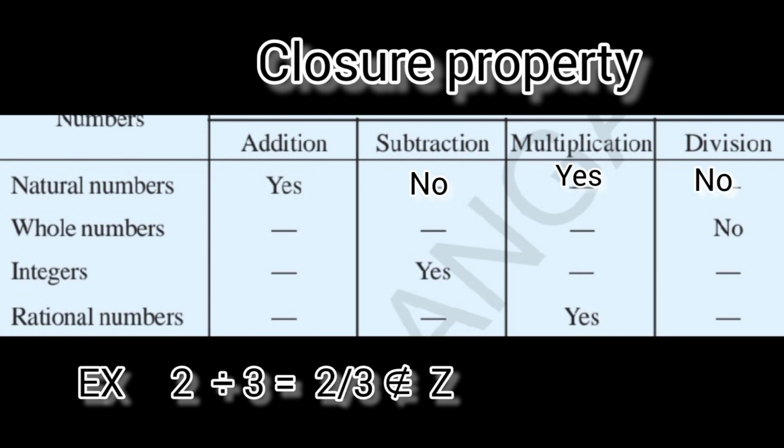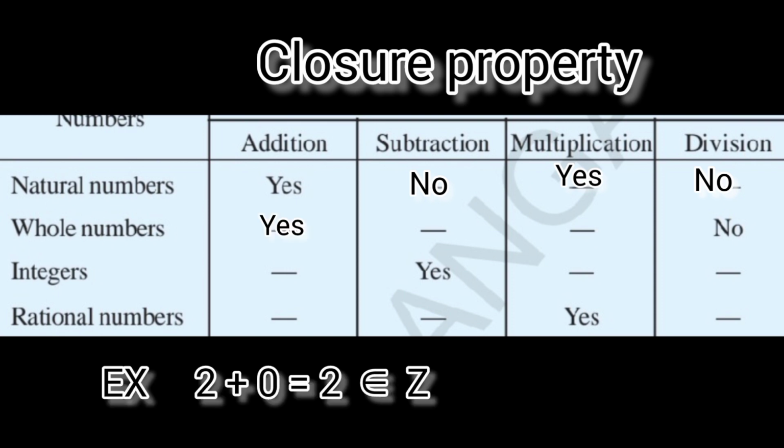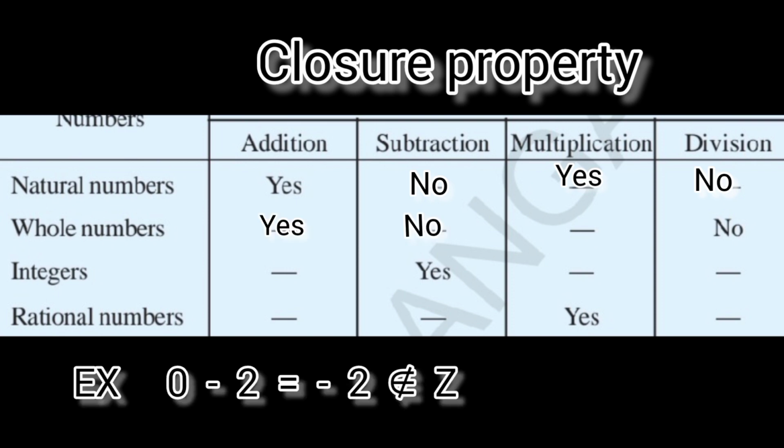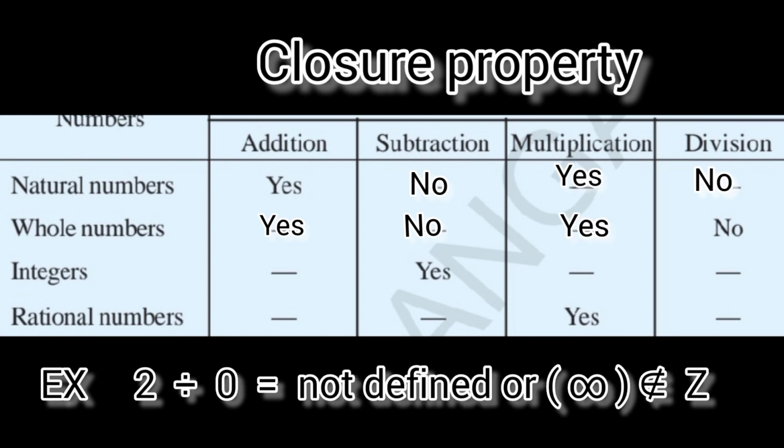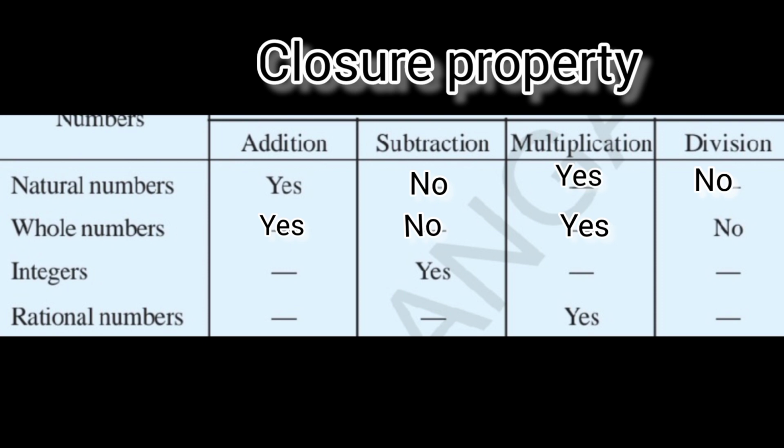For whole numbers, similarly, addition is satisfied, subtraction will not be satisfied, multiplication is satisfied, division will not be satisfied. Now for integers, we have done it already, so you can fill the box. For addition, yes. Subtraction, yes. Multiplication, yes. For division, no.